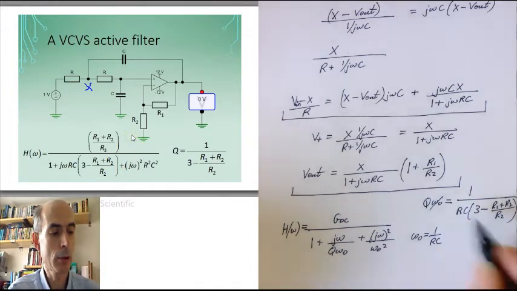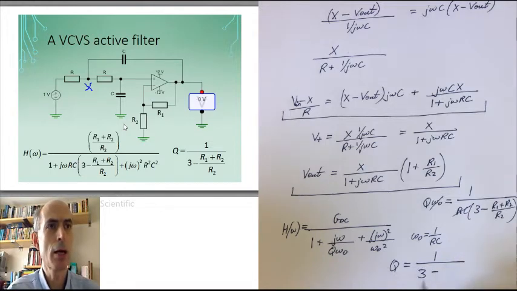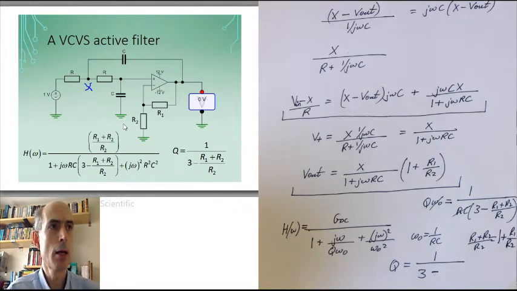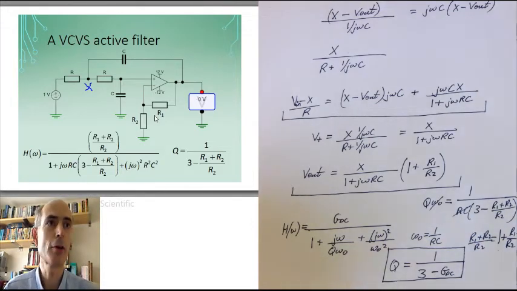So that term will cancel out with that RC, and we're just left with the Q factor is 1 over 3 minus, and we can simplify this one stage further by noticing that R1 plus R2 over R2 is just equal to 1 plus R1 over R2, and 1 plus R1 over R2 is the low frequency gain of the op-amp. So we could write it like this. The Q factor is 1 over 3 minus the gain at low frequencies.